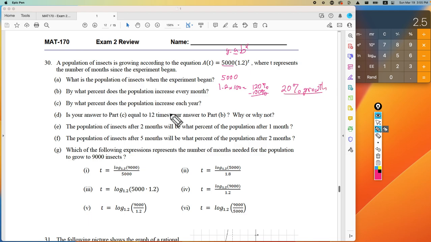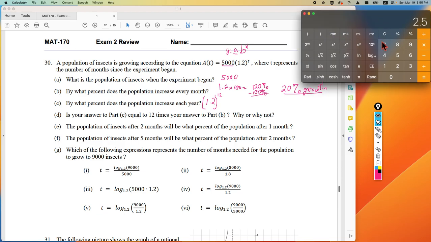By what percent does the population increase each year? So what we're looking for is a 12-time factor. So it's not just taking 20% multiplying by 12, it's taking 1.2 and raising it to the 12th power so that we have a factor that is a 12 unit growth factor, right?